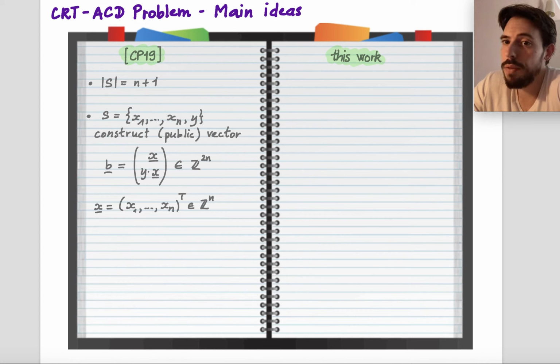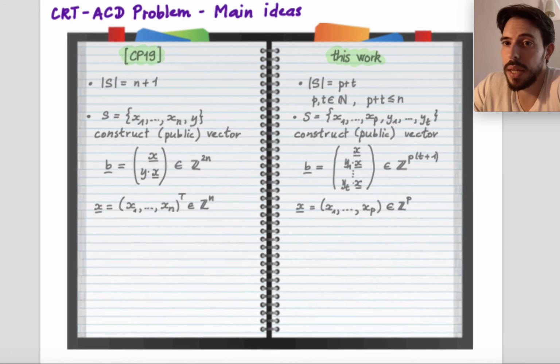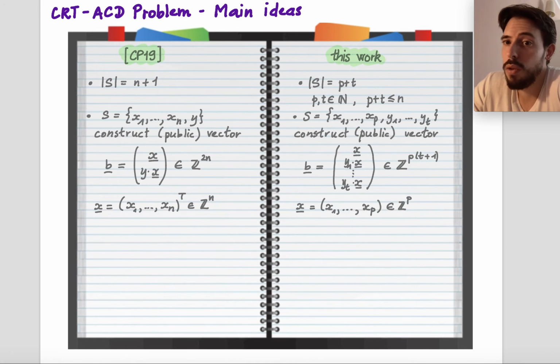In our work, we give this set S a slightly different representation, and we write its cardinality as p plus t, where p and t are integers that sum up to something less than n. And accordingly, we give the set S the following representation, from which an attacker can then publicly compute the following vector b.